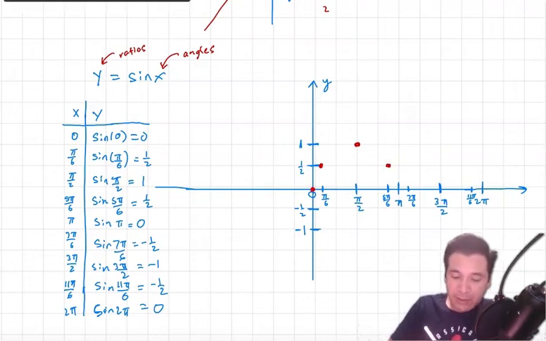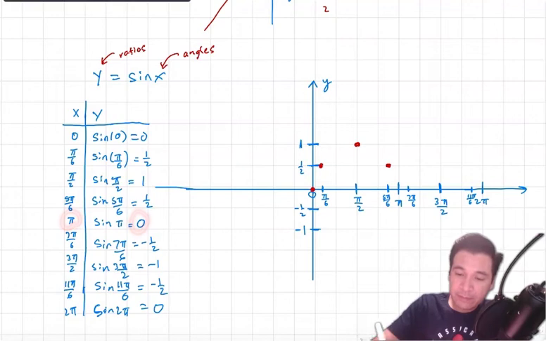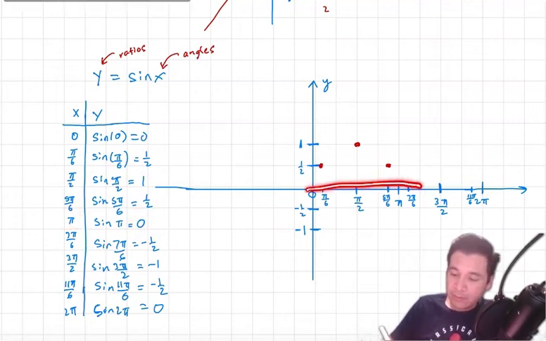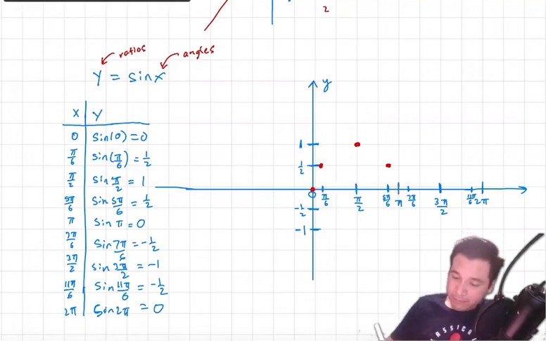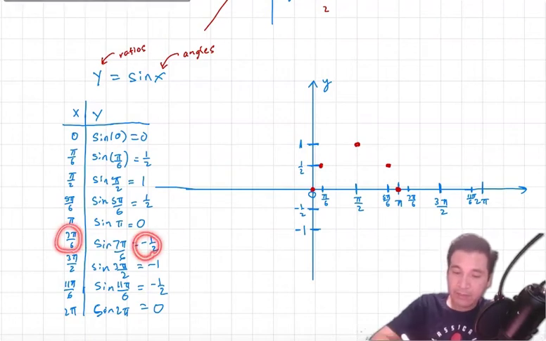And next at pi, now it's at 0. So, too far. So, pi, all right, we go pi and then 0. And then at 7 pi over 6, now we're at negative half.